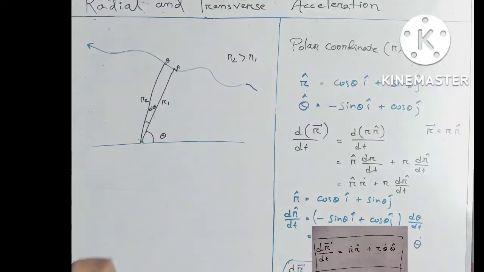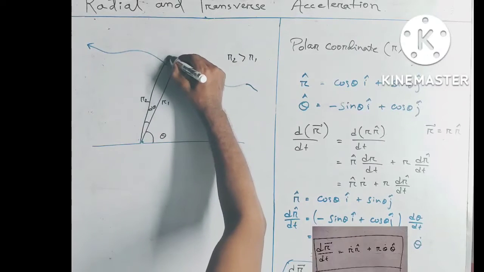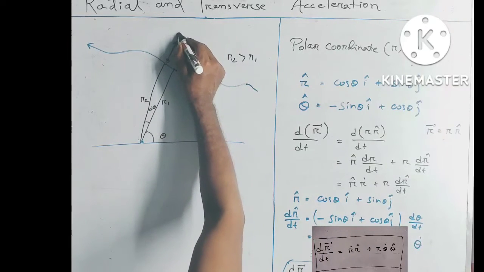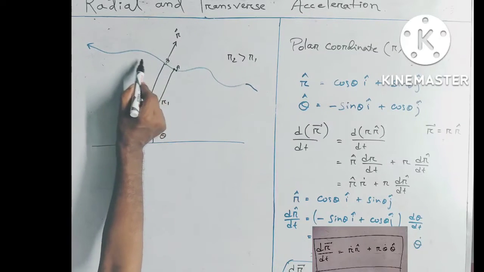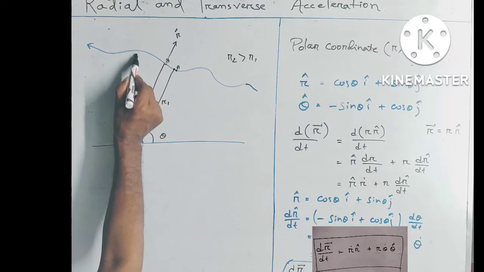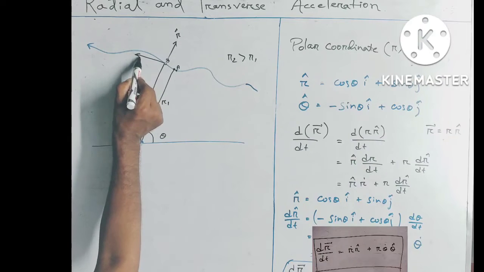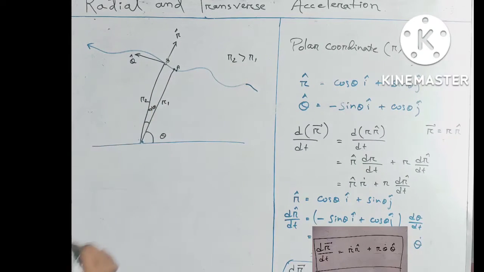So using this equation, we know that r cap is radially along the r axis, that is this one. So this is r cap, and theta cap is perpendicular to r cap. So this is theta cap.